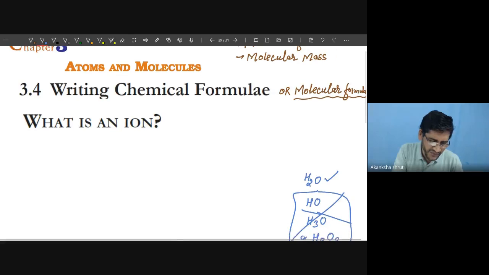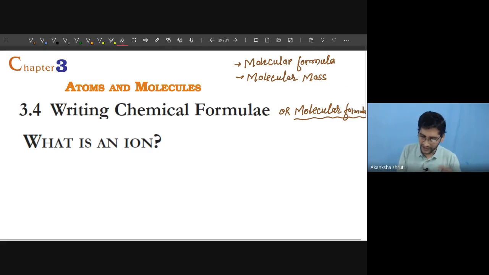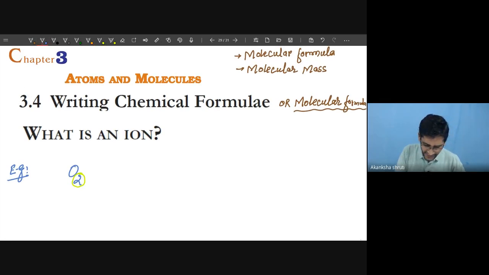For that, we need to understand a few things, or recall some of the concepts that we have learned earlier. For example, if I am writing O2, what does this represent? Students, this 2 in the suffix represents the number of atoms of oxygen in one molecule.